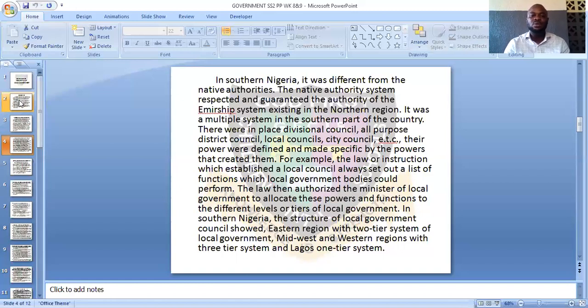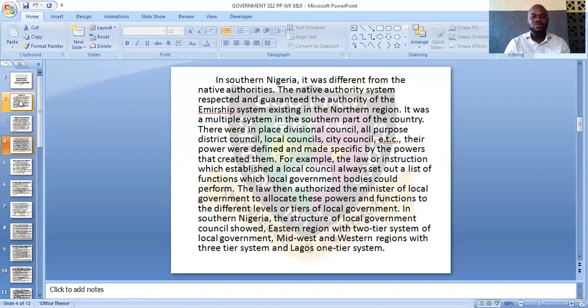For example, the law or instrument which established a local council always set out a list of functions which local government bodies could perform. The law then authorized the Minister of Local Government to allocate these powers and functions to the different levels or tiers of local government.